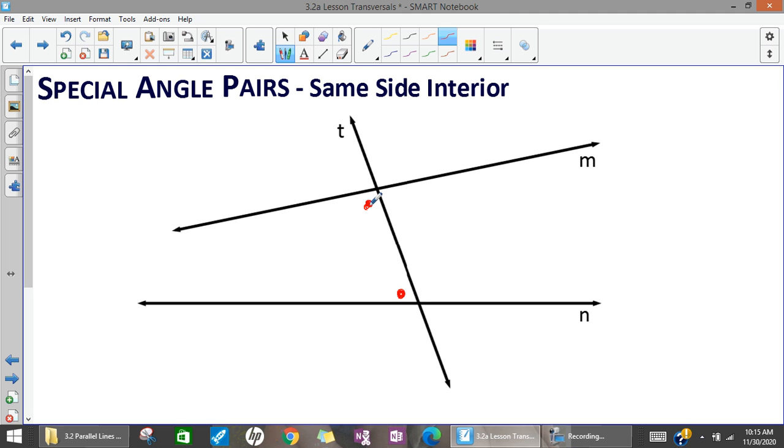They're in between line M and N and they are on the same side of transversal T. Those two angles that are X'd are same side interior, in between M and N, and on the same side of transversal T. Same side exterior, again, we're going to be on the same side of the transversal, but this time we're going to be outside of lines M and N. Same side of the transversal, those X's, but on the outsides of line M and N.